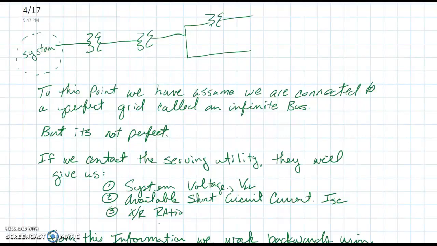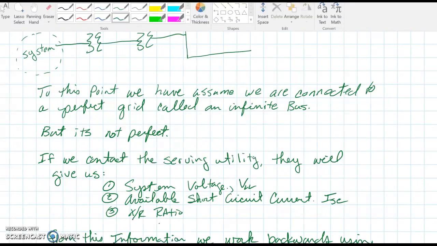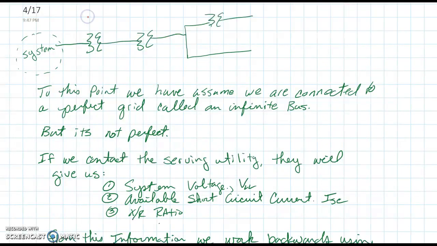Okay, one of the things that I've been wanting to talk about is when we are not connected to what we think of as an ideal utility service. To this point, we have been assuming that we are connected to a perfect grid.